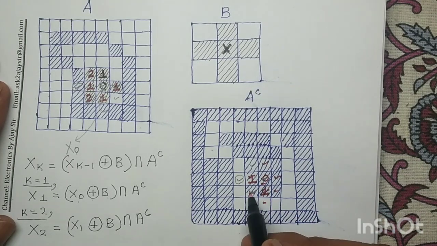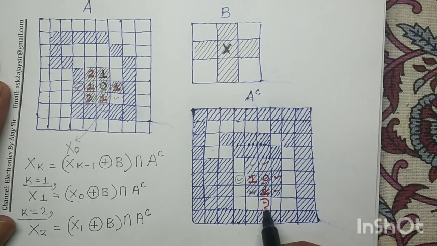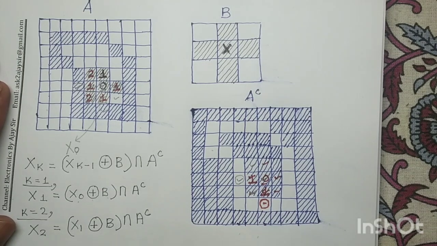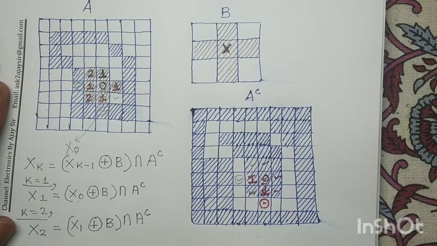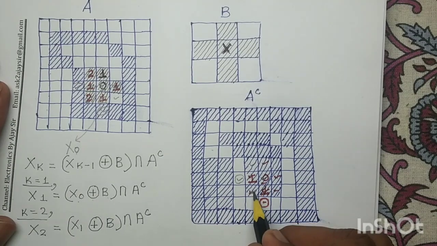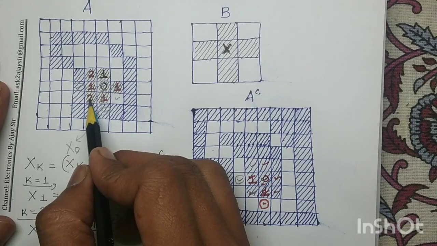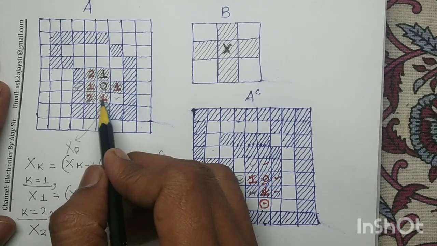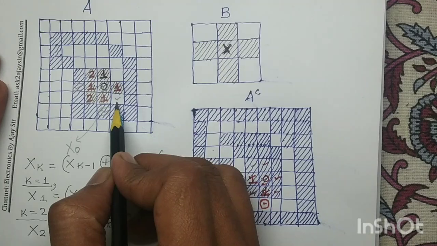Among these 4 positions, this pixel doesn't satisfy the intersection condition, so this pixel will not be part of my second iteration output. And among these 3 pixels, these 2 pixels we have already marked. So we will consider this as the output of my second iteration, and we will mark it as x2.